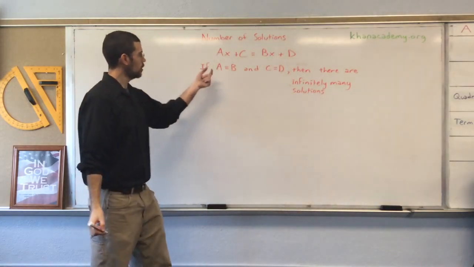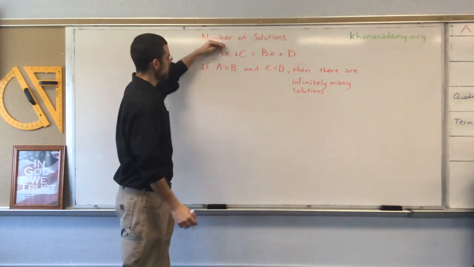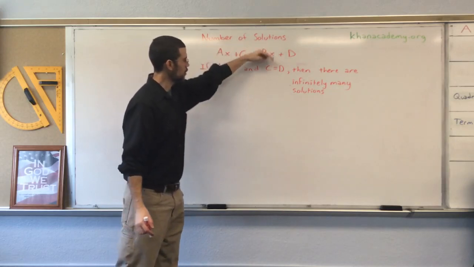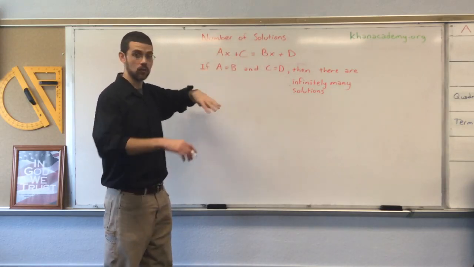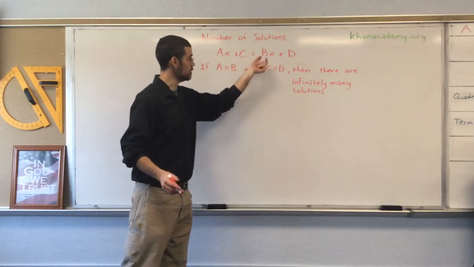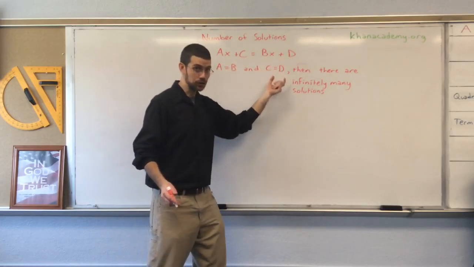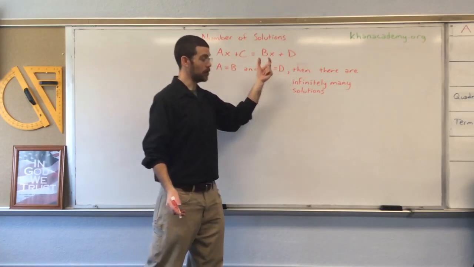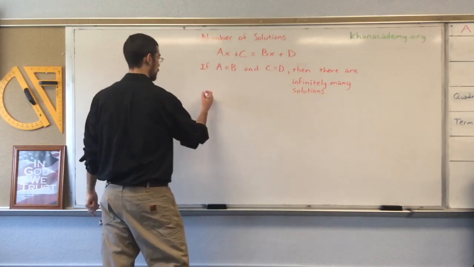Okay? So if A and B are the same thing, then we can subtract those x's from these x's, and there will be nothing left but the C equaling the D. And if it's true that C equals D, then we have an infinite number of solutions.